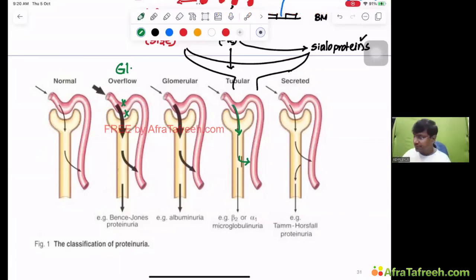In a normal individual also, small proteins are filtered from the glomerulus and enter the tubule. If there is any tubular pathology, the proteins will not be absorbed. They will get excreted out, and that is called tubular proteinuria.